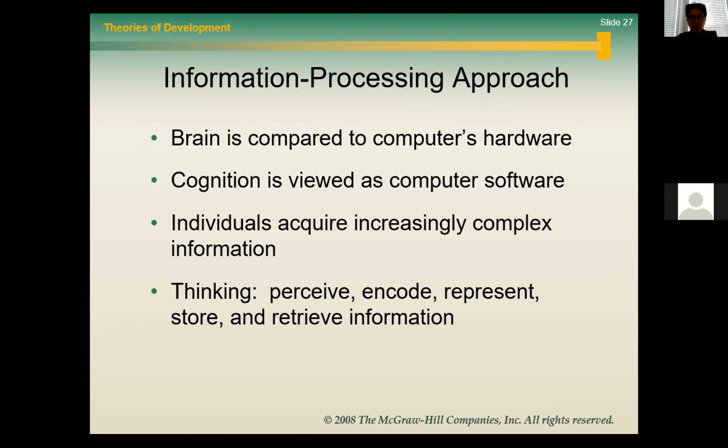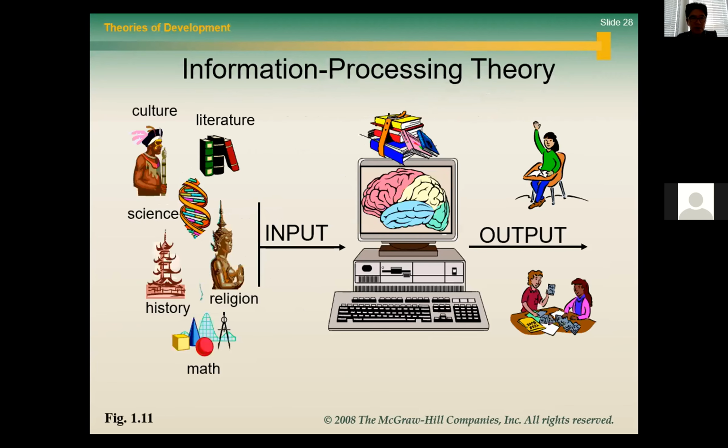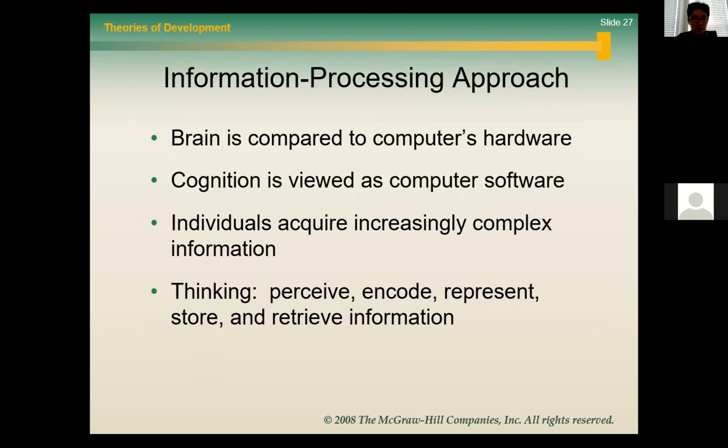Information processing theory is simple, just like a computer: input, processing, and output. The brain is compared to computer hardware, and cognition to computer software. The individual acquires increasingly complex information, thinking through perceiving, encoding, representing, storing, and retrieving information.